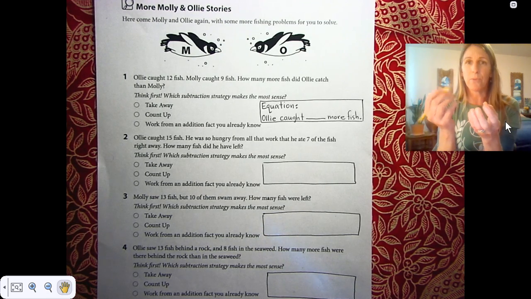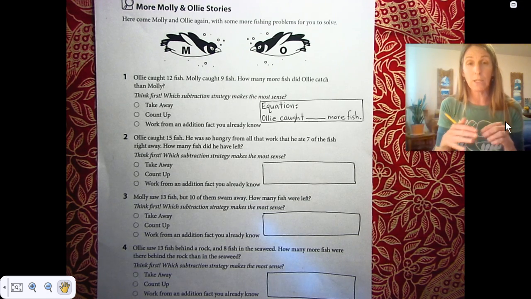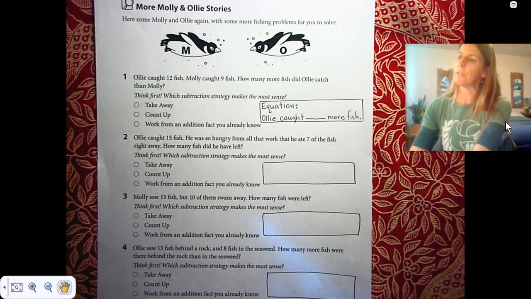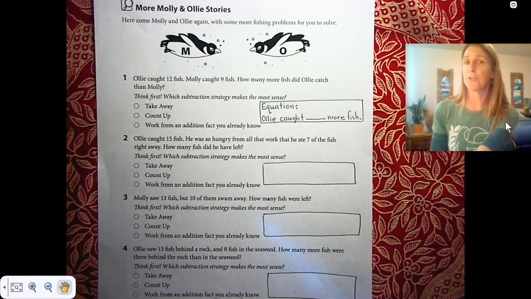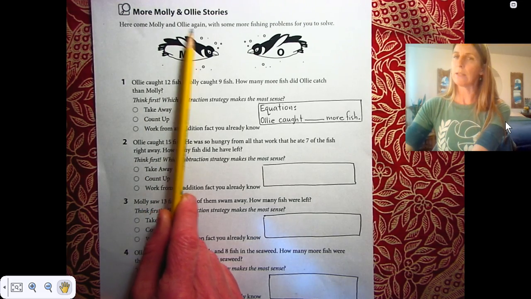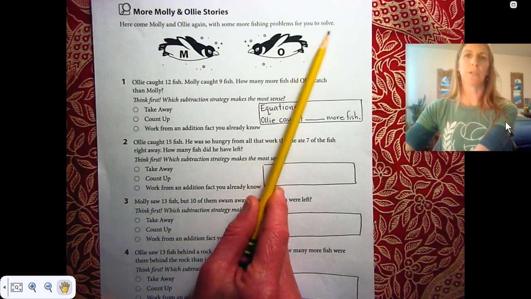And I know you can't write with a pencil on Seesaw, so you're going to use those labeling tools. There's pens and pencils, and there's the text box that you can type in. And what you'll do is you'll go through these problems, and you're going to have to do 3 little parts. So it says, here come Molly and Ollie again with some more fishing problems for you to solve.